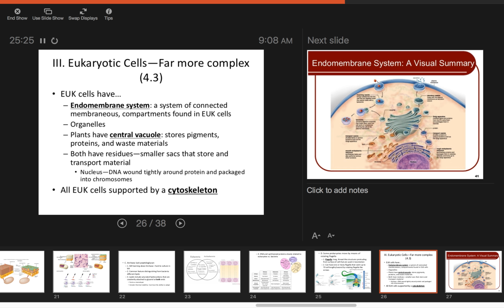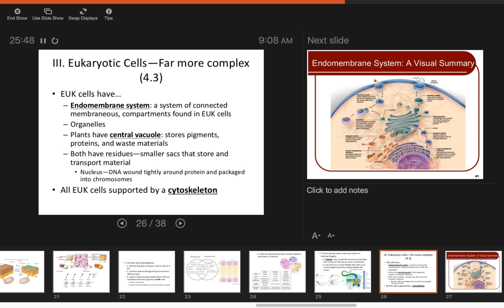Like I said, both can have vesicles, smaller sacs that store and transport materials. So we'll talk about vesicles that move within the cell and how they can move things out or take things in. So we'll talk about, what's the word I'm looking for? Endocytosis, exocytosis. Thank you. We'll talk about the nucleus.